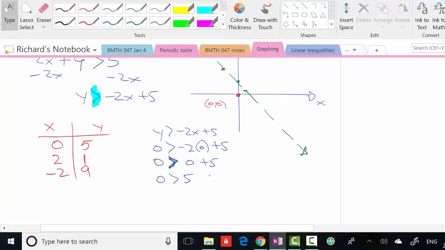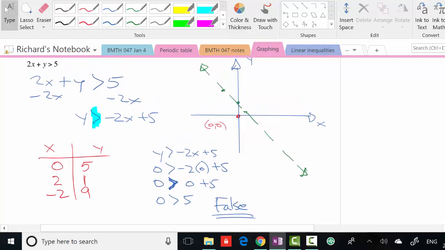Well, that's false. That means the test point does not lie on a side of the boundary line which satisfies the inequality, which means the inequality must be satisfied by any point on the other side of the boundary line, the side not containing the point 0, 0.